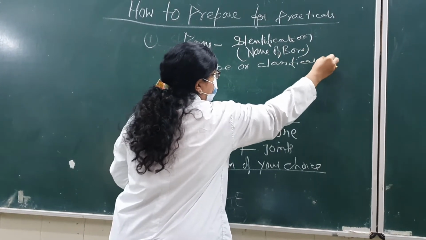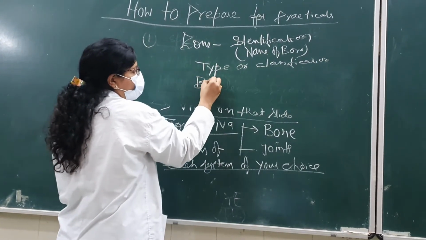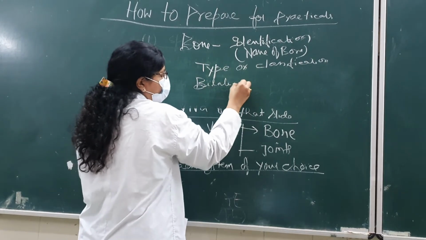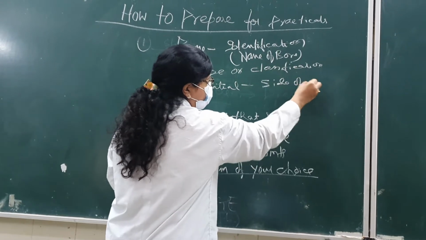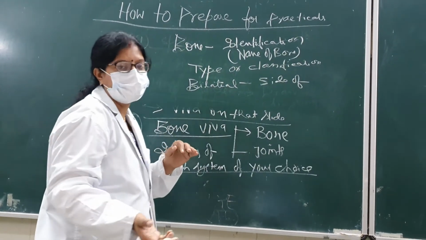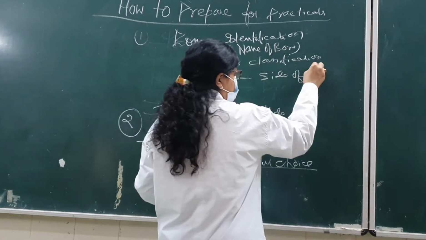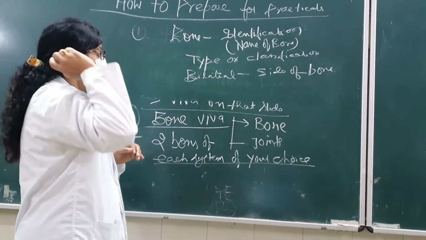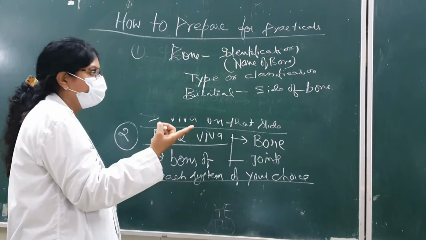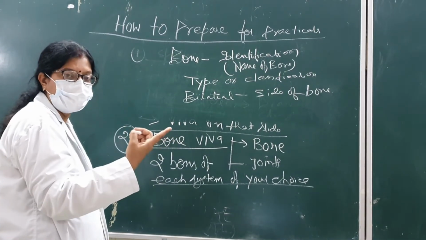If it is a bilateral bone like lower limb, upper limb, then it must be side of the bone, like humerus of right side or femur of right side or tibia of right side. So identification, name of the bone, type or classification, then bilateral side of the bone.